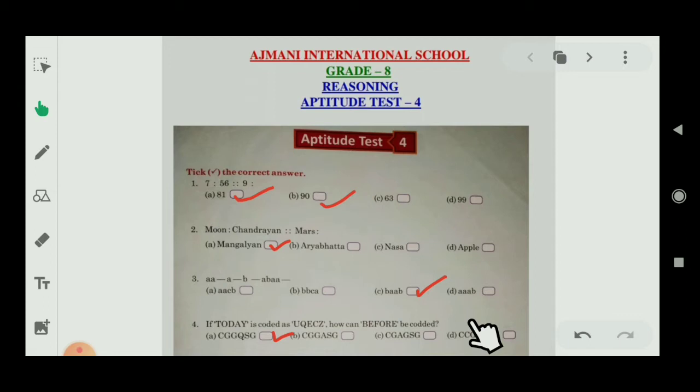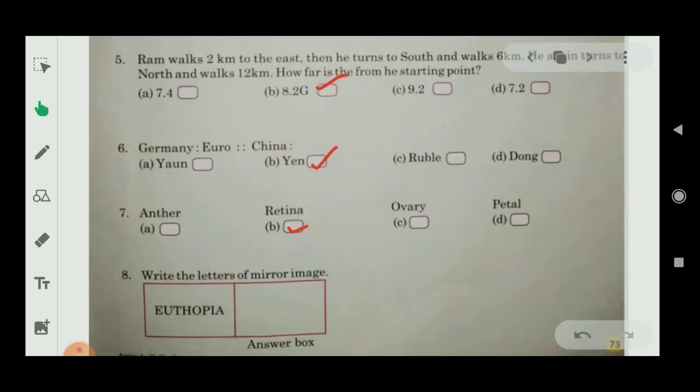Similarly, when we add plus 1 and plus 2 in the same way to the question, we can observe option A is right.